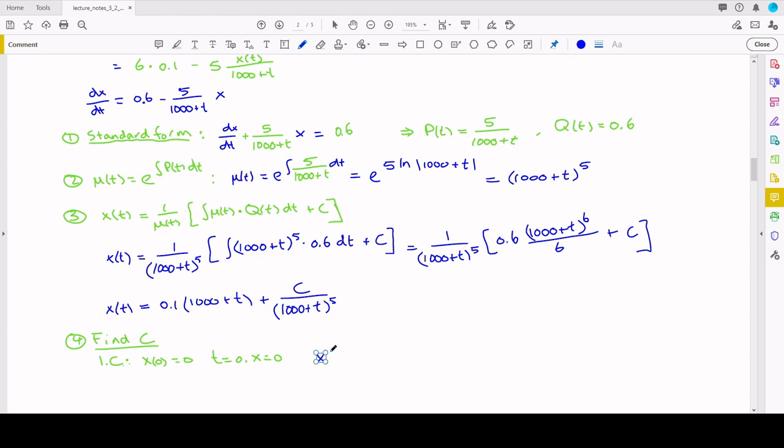We get x of 0 equals 0.1 times 1,000 plus 0, plus c over 1,000 plus 0 to the power of 5.